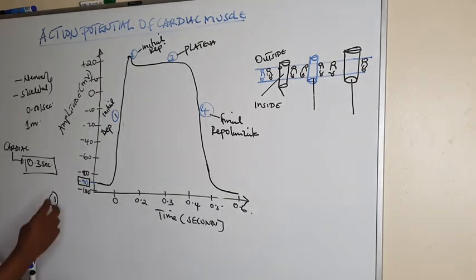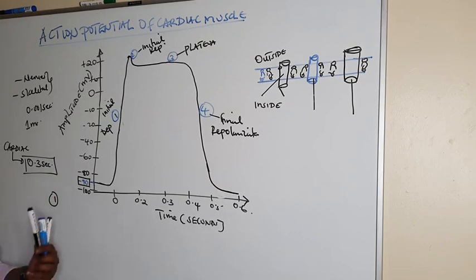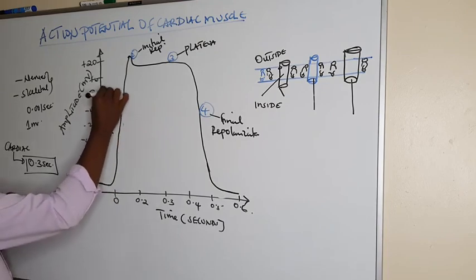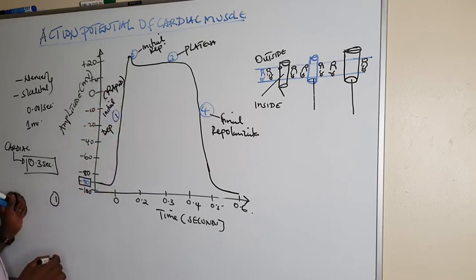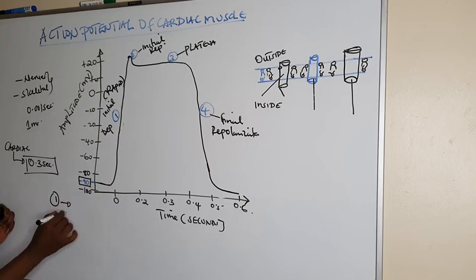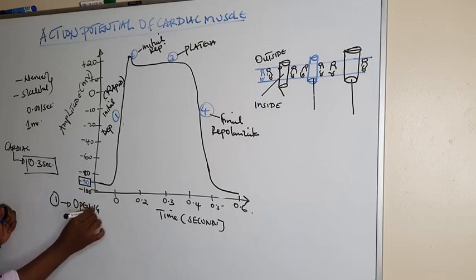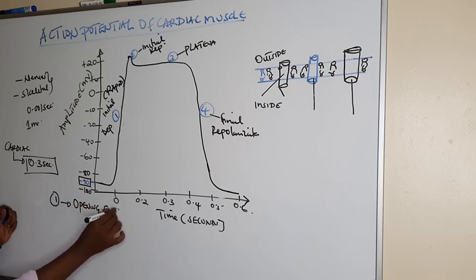So after seeing these 4 phases, we're going to see what causes them or what brings them to happen. This first phase, that is initial rapid depolarization, we call it rapid because it is due to opening of fast sodium channels, sodium gated channels.